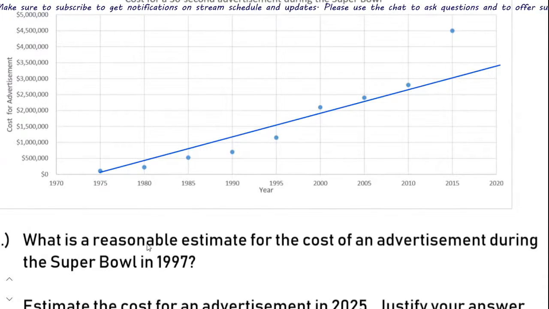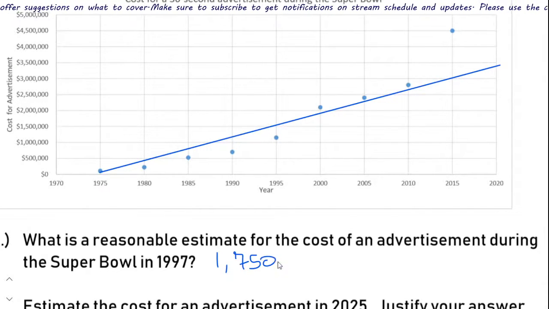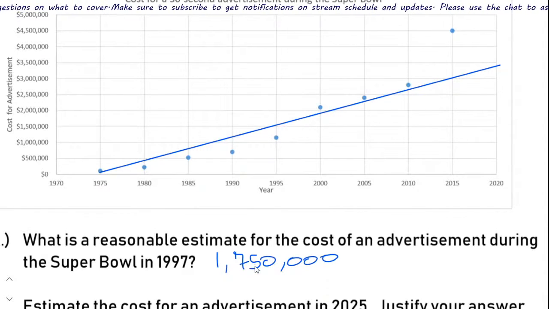And then they wanted us to estimate, what is a reasonable estimate for the cost of advertising during the Super Bowl in 1997? So we've got our line here. If we were to predict it for 1997, here's 95, here's 2000, so somewhere in here we could probably estimate that to be about 1.75 million, or 1,750,000.